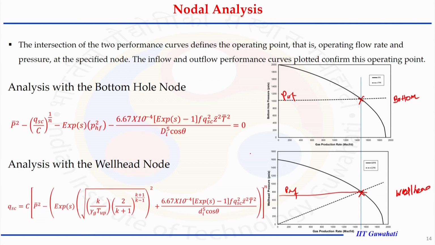After understanding this nodal analysis, this type of analysis can be used to forecast the production, that could be the cumulative production as well as the production rate. Not only that, this can be used when the operating conditions are shifting, how they are shifting, and what parameters are going to affect them.